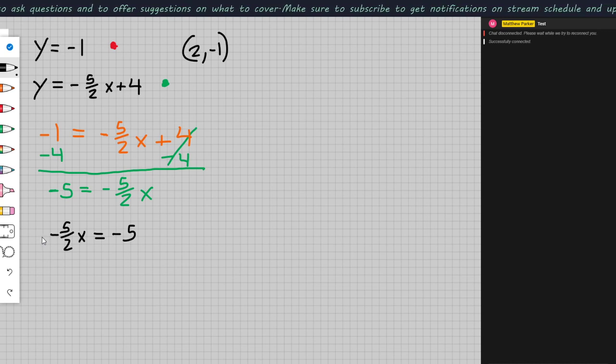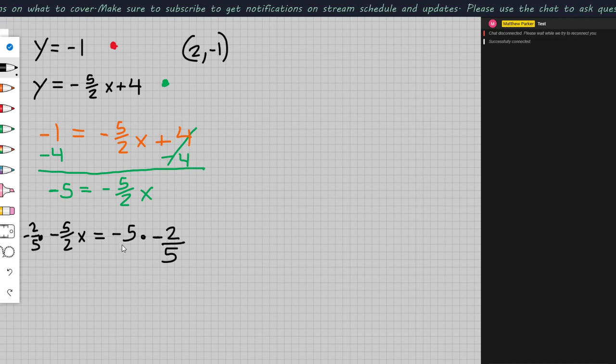So to multiply by the reciprocal, it's just going to be -2 over 5. And this is -5 over 1 because it's an integer. This cancels out, so this is gone, so you're left with x.